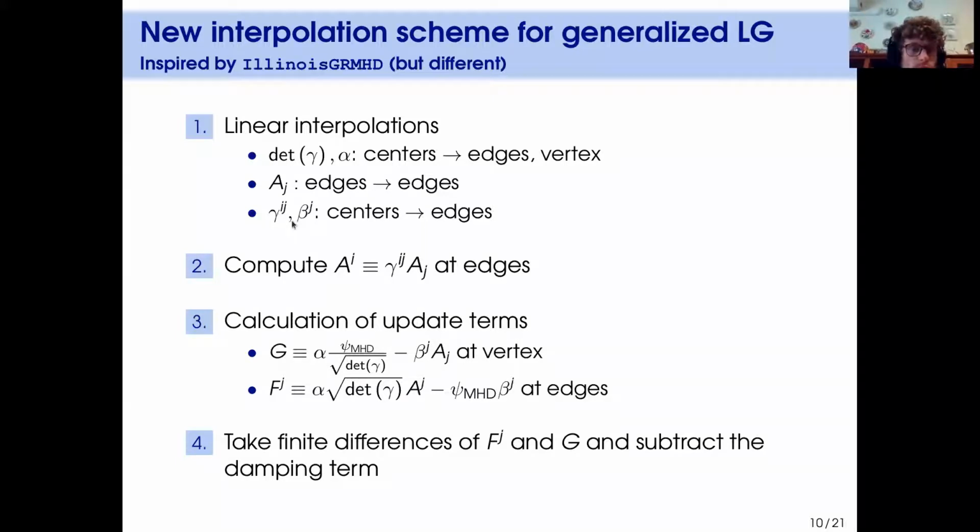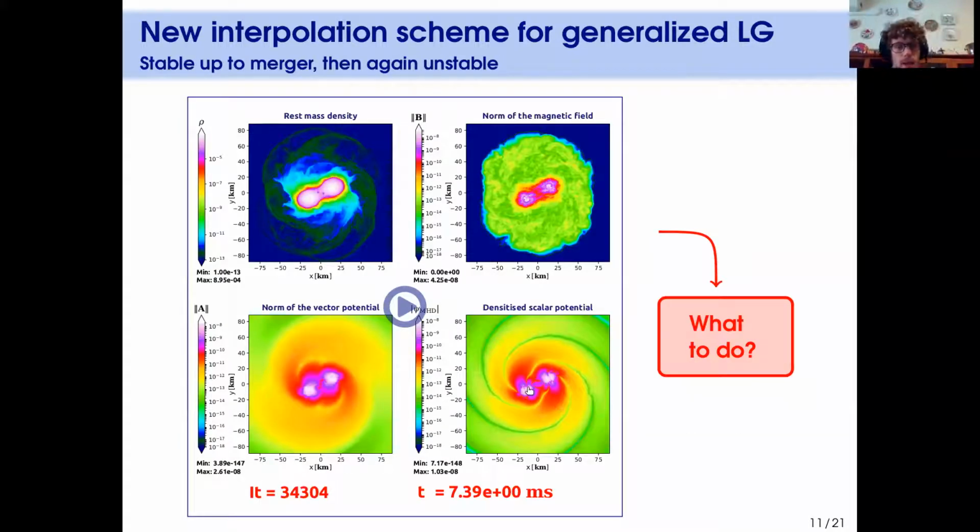The inverse metric and the shift to the edges, and then we compute the contravariant component of the vector potential at the edges. We compute the update terms as before, and as before, we take finite differences of f and g and subtract the damping term. So with this new scheme, the evolution is much more stable. It is stable up to merger.